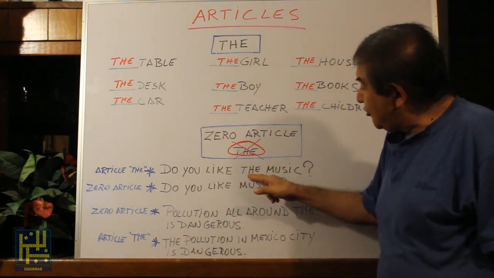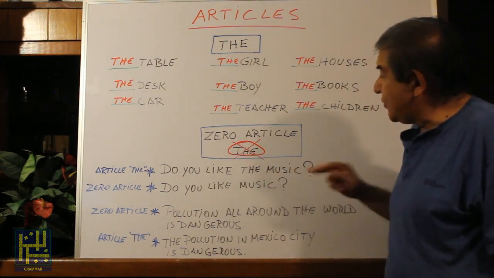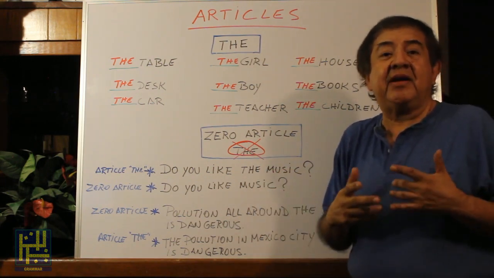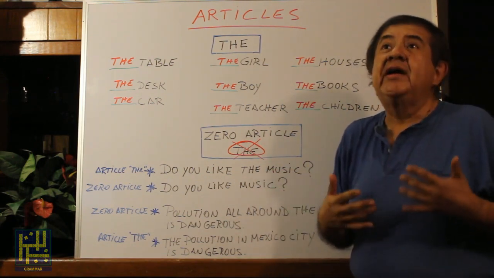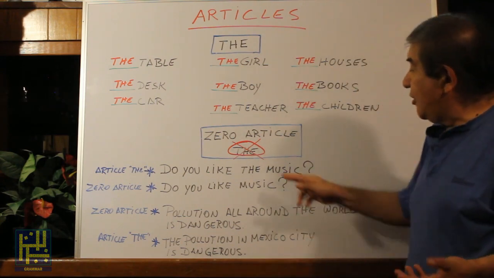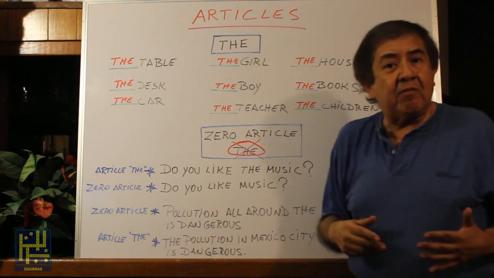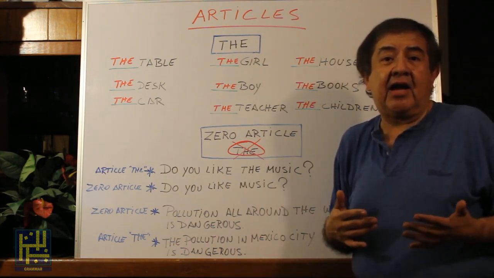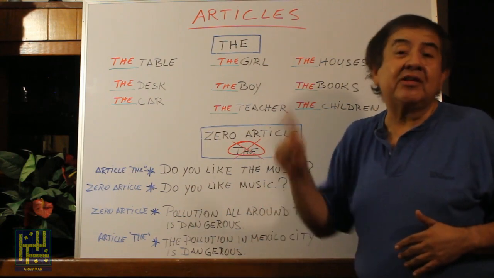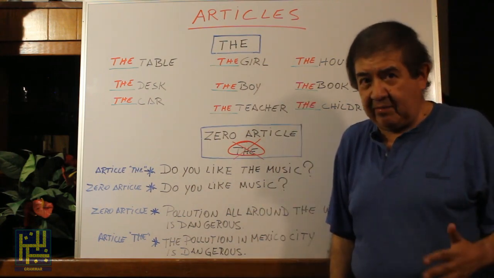In this case, we have the article the, the music. When you use the article the, it's because you are making a special emphasis or you are emphasizing a particular thing. In this case, do you like the music? Probably you are at a party and you are asking a friend, hey, do you like the music? The music that you are listening to in that moment.